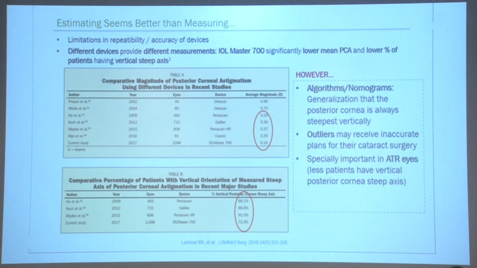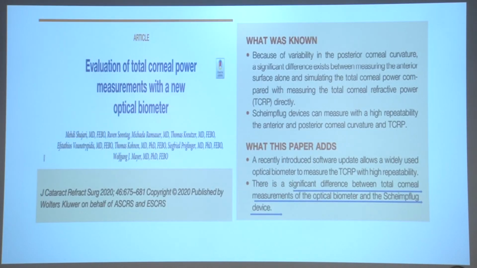So at present it is considered that estimation and nomograms both work very well. So rather than buying a total corneal tomography device because the market says so, there is no need. We have so many good nomograms and they still give equivalent results, not superior results. Of course, they are good for measuring the PCA, but it is not necessary to buy newer machines just to measure the posterior corneal power.